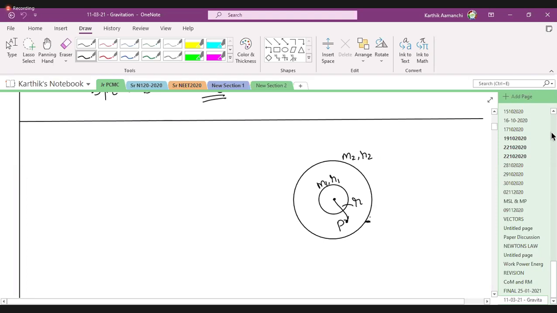So for this shell, the point is inside, so it will be 0. For this shell M1, the point is outside, so for this it will be minus G M by R square. Why minus? Gravitational field will be minus.